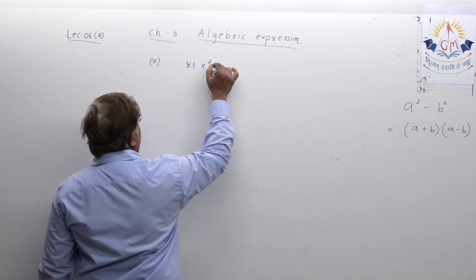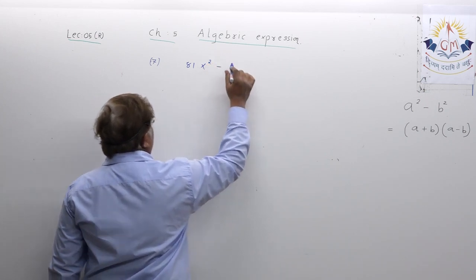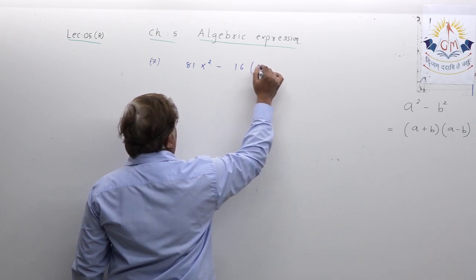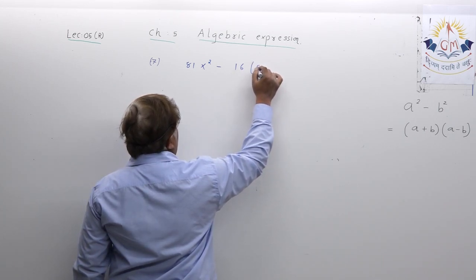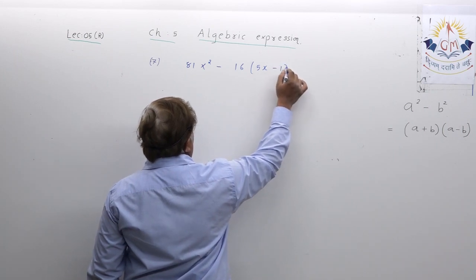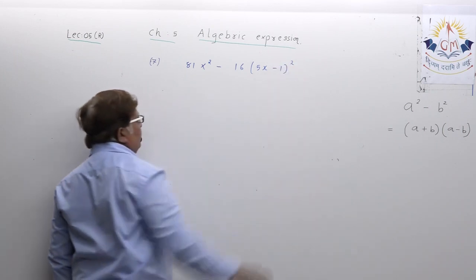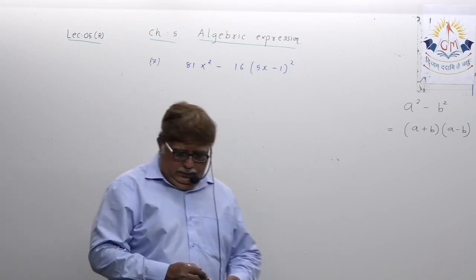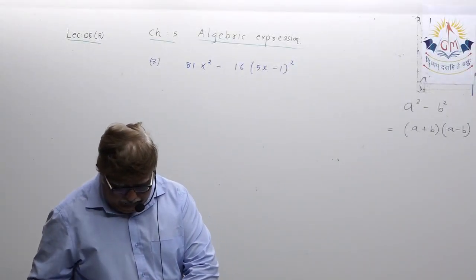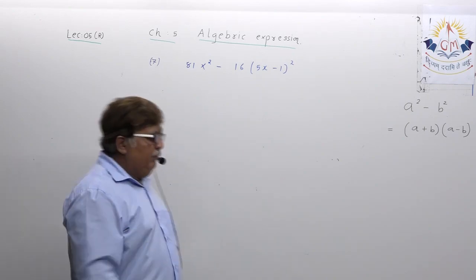81x square minus 16 into bracket 5x minus 1 whole square. Let me do. First you have a look at the sum.